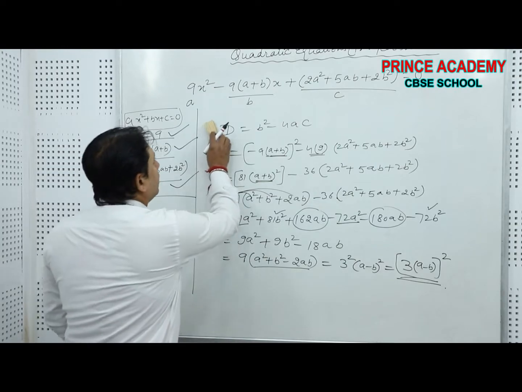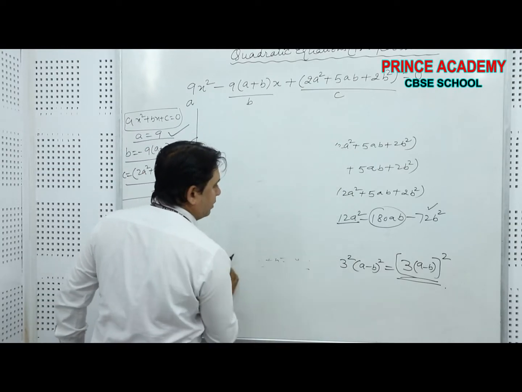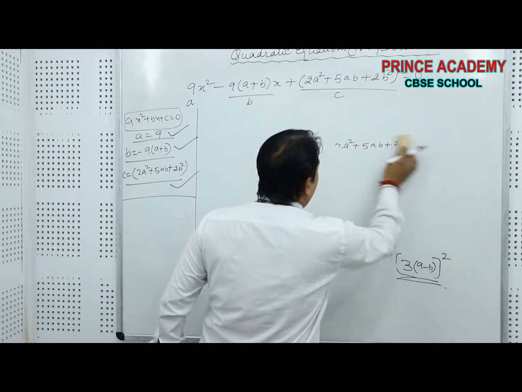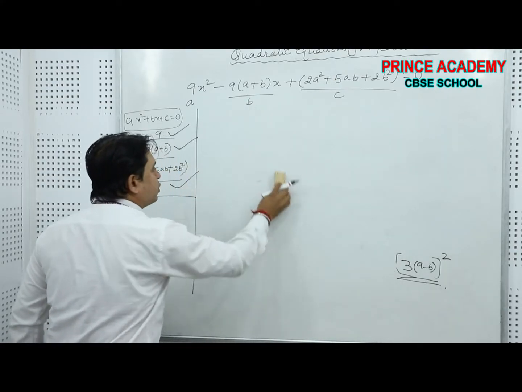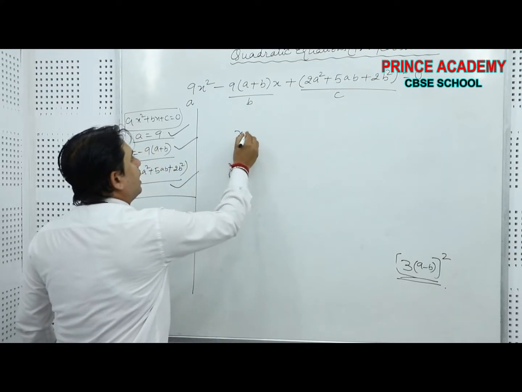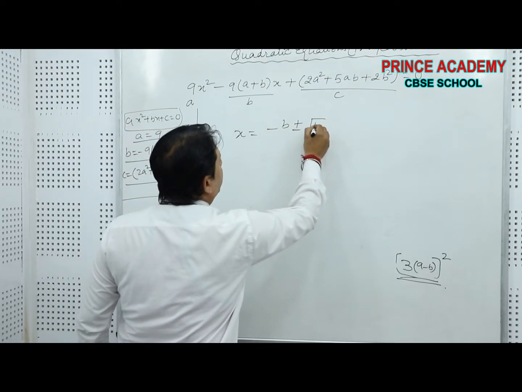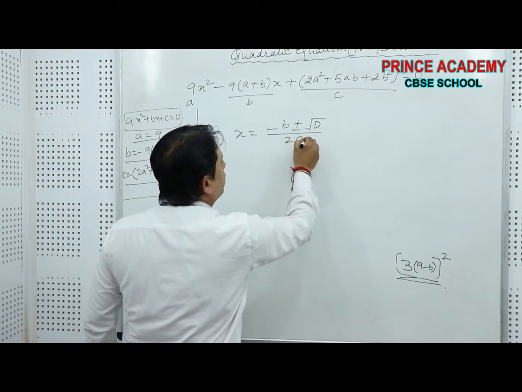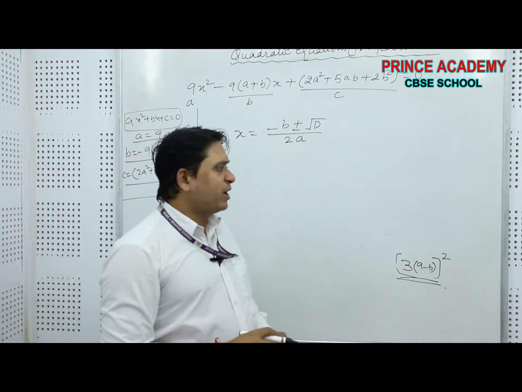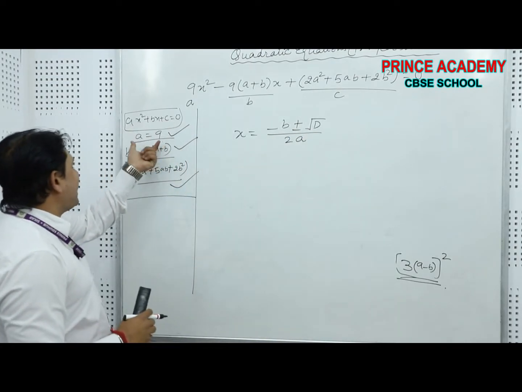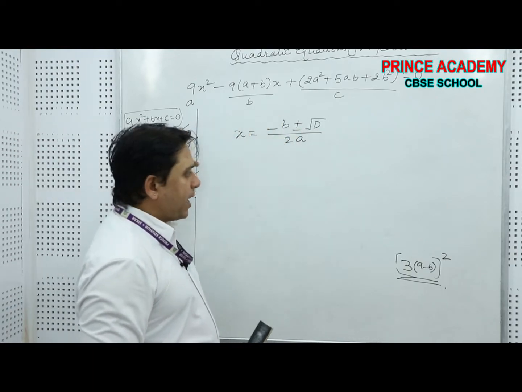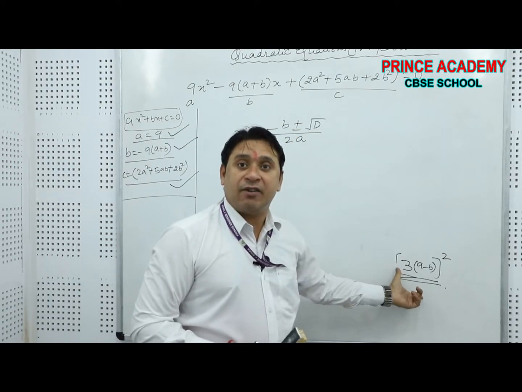Done. Now see, now we will move further. According to the Sridharacharya Sutra, the quadratic formula, x is equal to minus b plus minus root of d by 2a. Yes or no? Done. Now what we have to do? We have to put these values from here, and this is the d we have got.